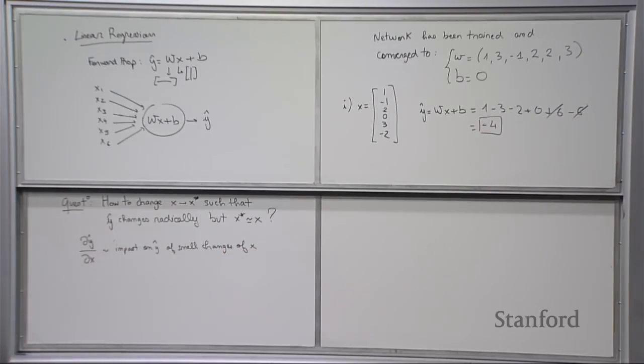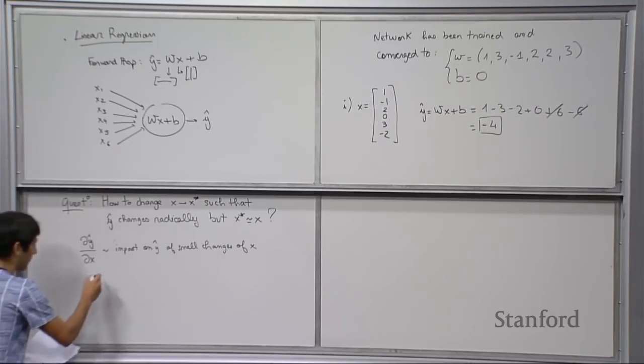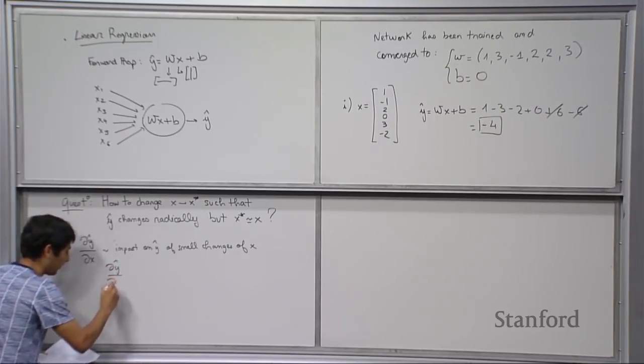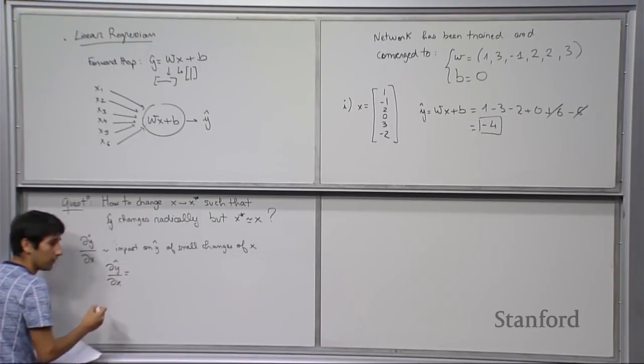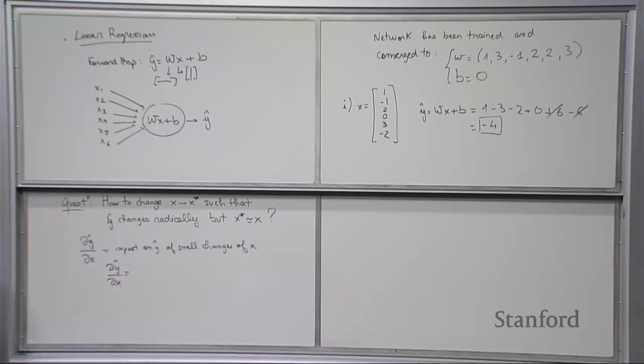What's the impact of small changes of x on the output? And if you compute it, what do you get? W? Everybody agrees? What's the shape of this thing?